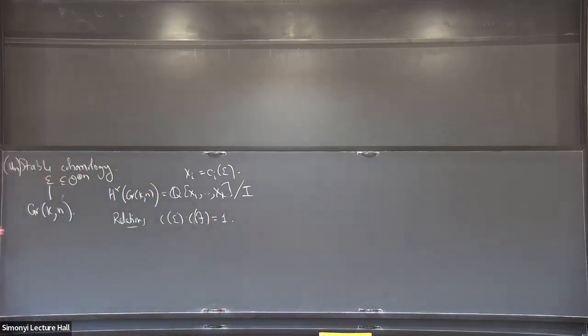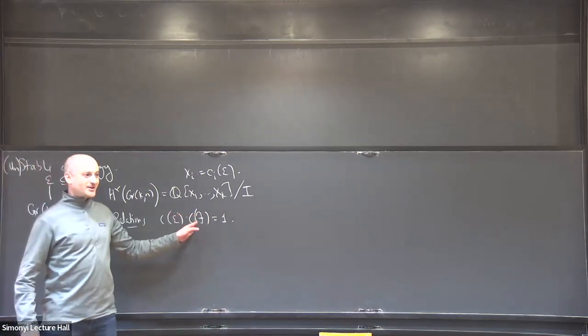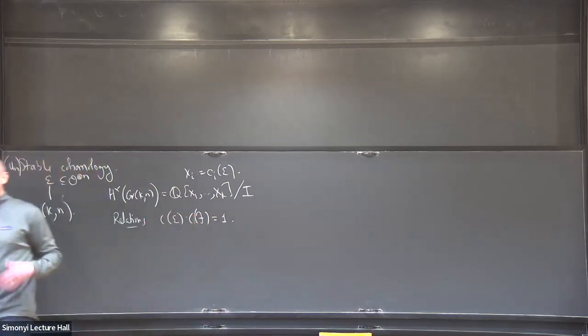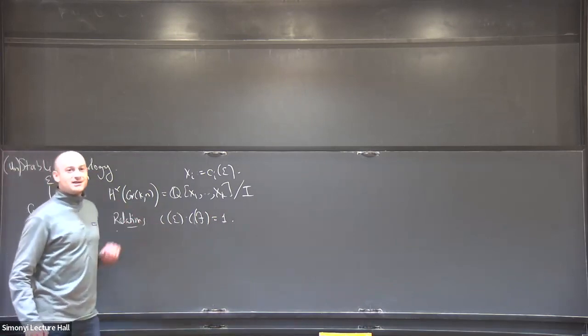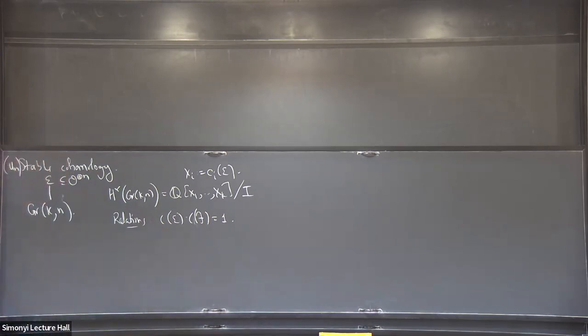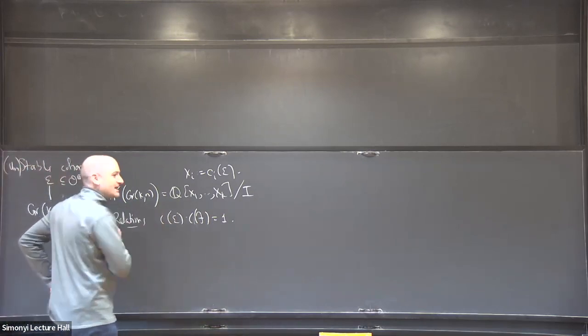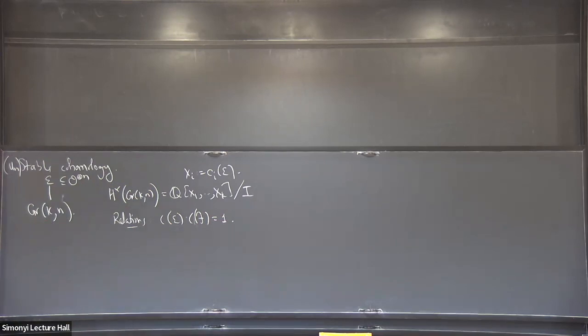And so this gives us a presentation with more generators. We should throw in the Chern classes of F, but these relations will allow us to eliminate the Chern classes of F, and it will leave some relations among the Chern classes of E. And these relations, you'll find that they live in higher and higher degree if you fix k and increase n.